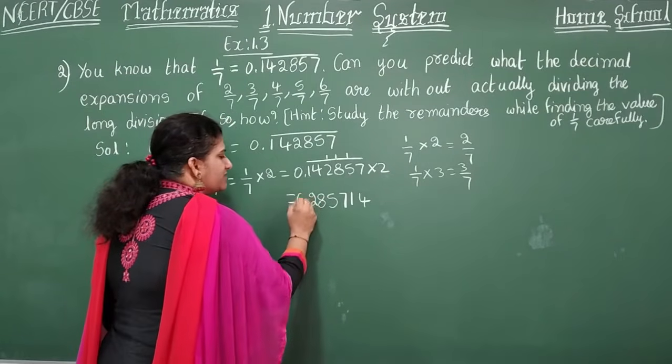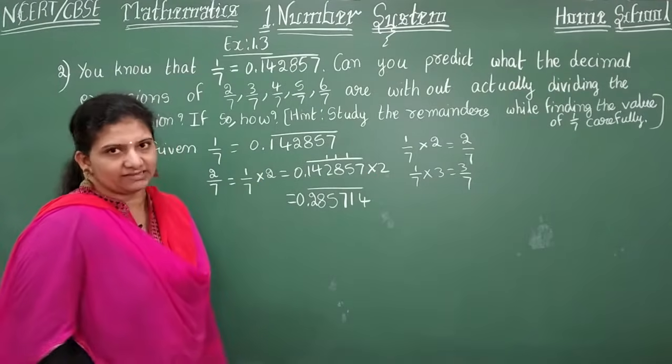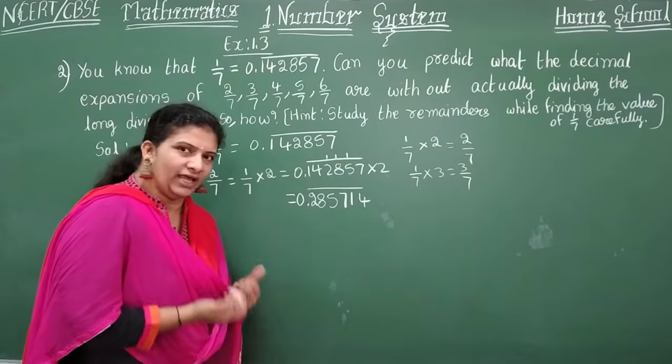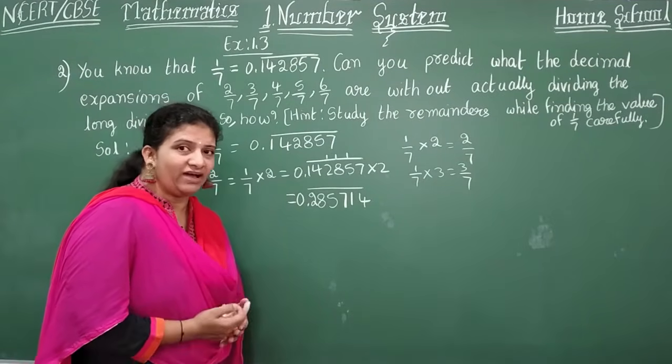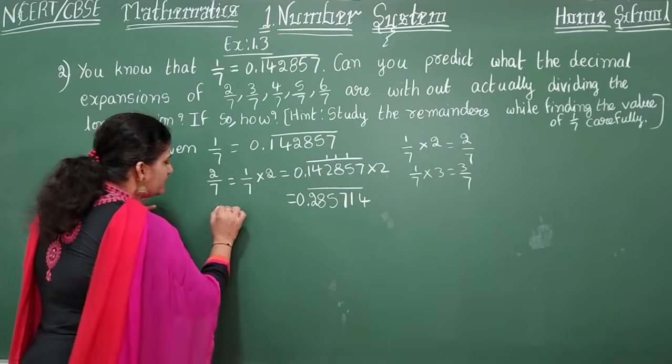And the point as it is, 0 as it is, and the bar also you have to take as it is. So you got the 2 by 7 value without any long division. What did you do here, children? You have multiplied. Right? So let's start finding the others.